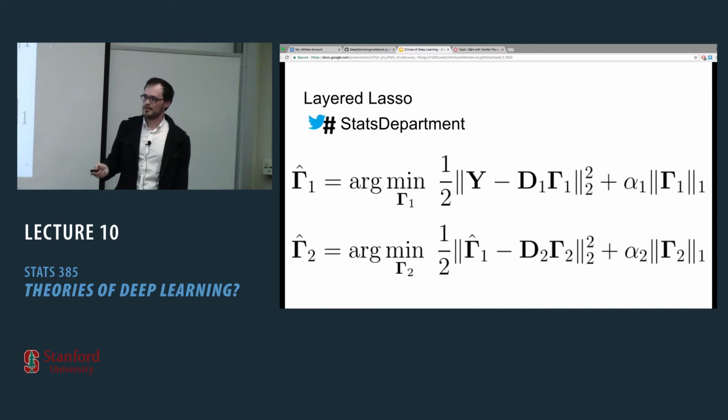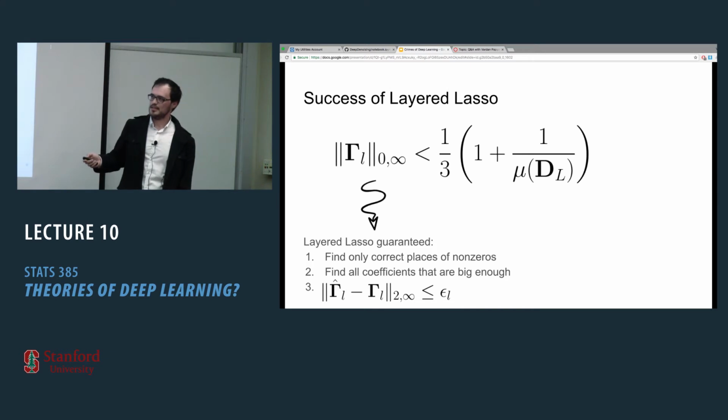Now, the nice thing about this whole generative model framework is that you can not only propose better algorithms, but you can actually analyze them. So you can provide a theorem that says that if all your representations are locally sparse, then this new algorithm is guaranteed to find only correct places of non-zeros and all the coefficients that are big enough, and is going to find a representation which is close to the true one.